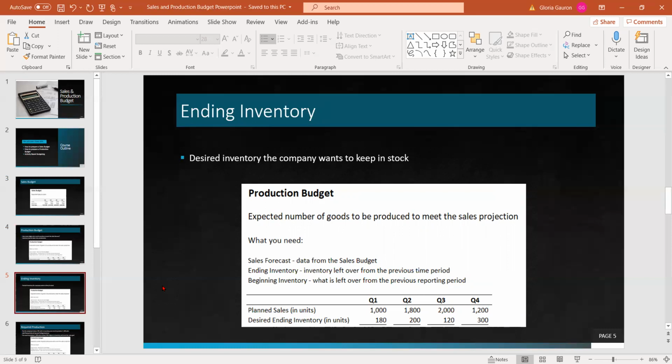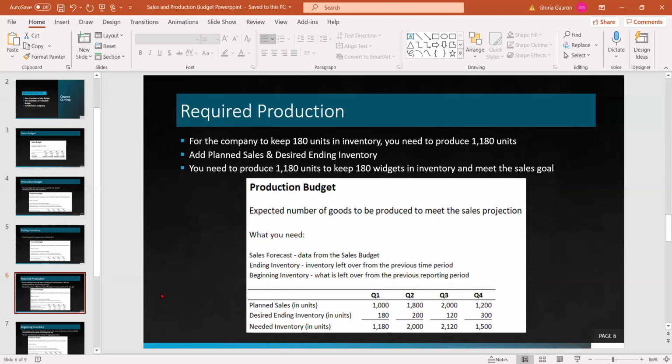That's just in case my planned sales is 1,000 units, and I actually end up selling 1,100 units, at least I know that I'll have enough inventory to meet that sales forecast should we reach that. So again, you're looking at the planned sales in units, which comes from the sales budget, and then you put in your desired ending inventory.